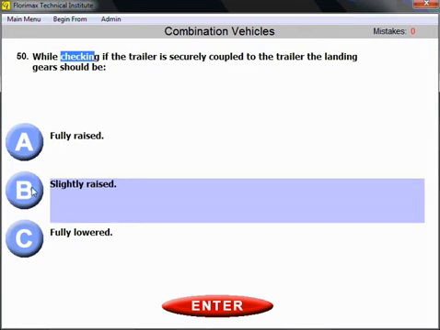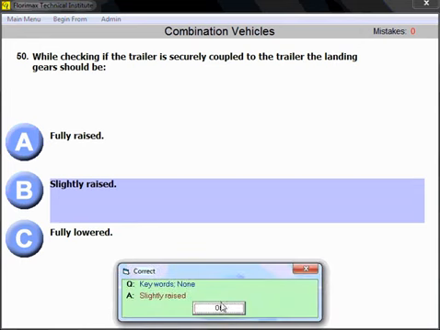They should be slightly raised. Just remember, checking, slightly raised. You fully raise them when you drive away, but when you check, they still should be slightly raised. In case the coupling is not complete, is not secure, at least your trailer will not fall.